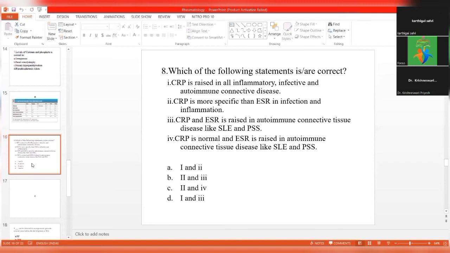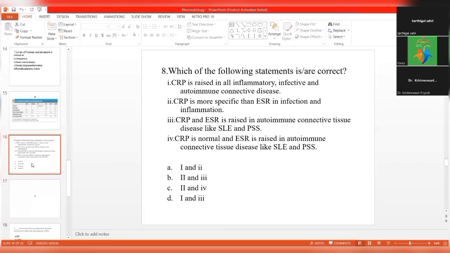So the first statement: CRP is raised in all inflammatory, infective, and autoimmune connective diseases. The second statement says that CRP is more specific than ESR in infection and inflammation. CRP is more important than ESR in finding out infection and inflammation.